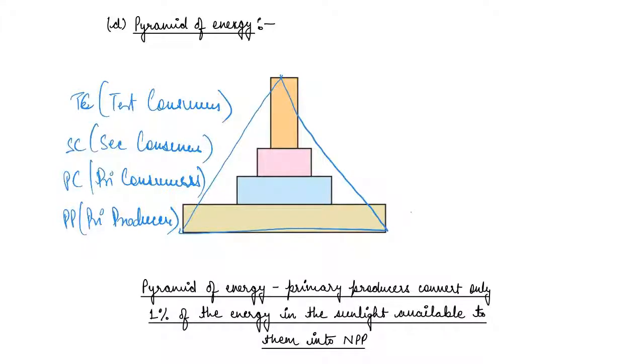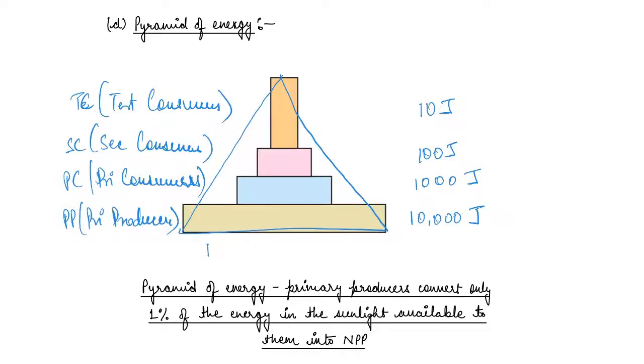Now here you will see only 10%. So if it is 10,000 joules in case of primary producer, 1000 will be in primary consumers, 100 will be in secondary consumer, and 10 joule will be in tertiary consumer.